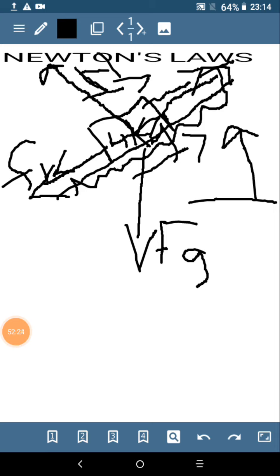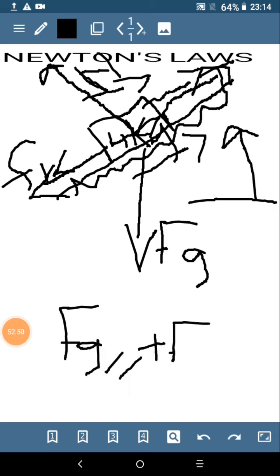Now, earlier we talked about the components of what? Of gravity. Guys, you cannot draw the components of gravity and gravitational force itself because there's an equation that is true, that Fg parallel plus Fg perpendicular equates to the Fg.